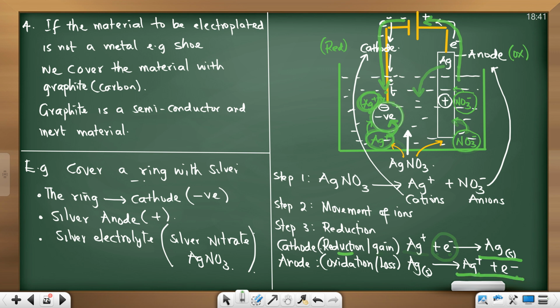The anode, silver, will be oxidized. Okay? Silver will be oxidized. Metals are always oxidized. Silver will be oxidized while NO3 will remain in the reaction.